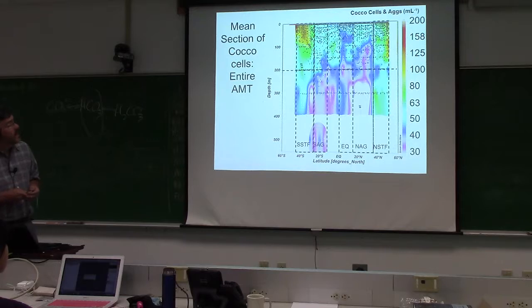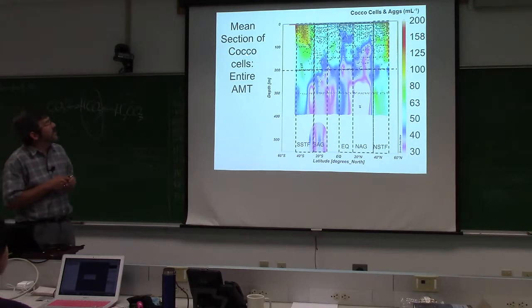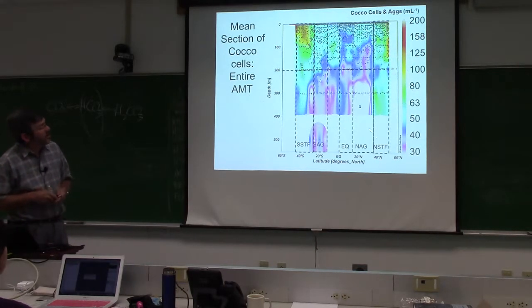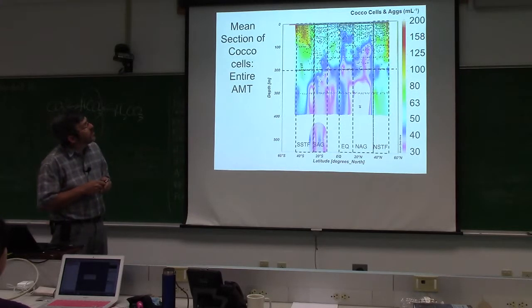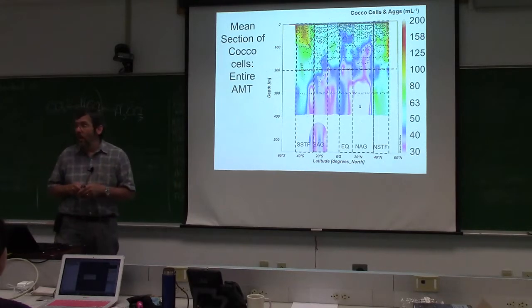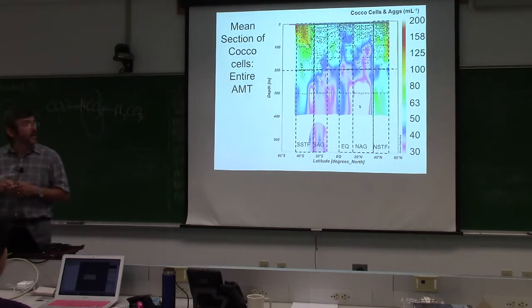And now this gets back to your comment, Ken. These are the mean section of coccolithophore counts. These are numbers per mil, on a log scale. A section that goes from 60 north down. Most of the data are at about 45 south. And look at the surface waters here at the equator. We're down below 100, certainly, 40 to 50 cells per mil.